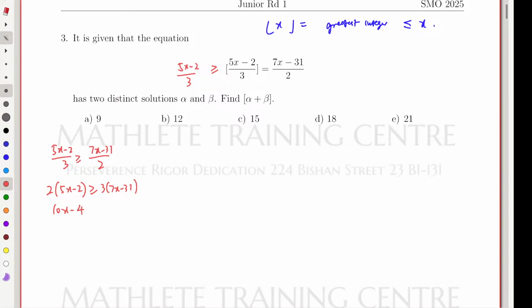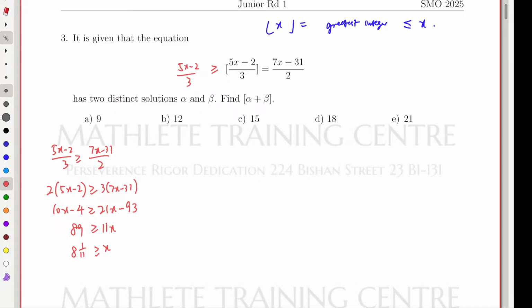So that's 10x minus 4 is at least 21x minus 93. So then we can get 11x is at most minus 4 plus 93, which equals 89. So we know that when we try the values of x, we don't have to try values beyond, for example, the value of 8.